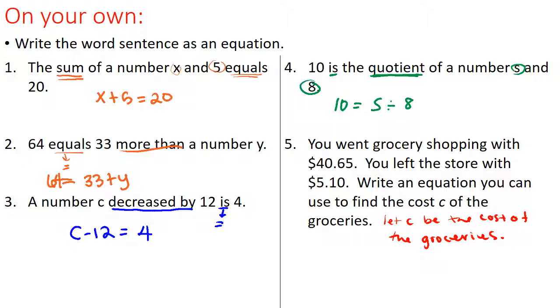We can then say that if I started with $40.65 and I take away that $5.10 that I had left over at the end, it should be equal to the cost of the groceries that I had at the store. Another way of looking at it is if I have that $40.65 and I take away the cost of my groceries in the store, it should be equal to that $5.10 left over.